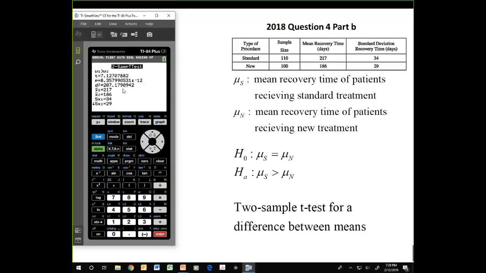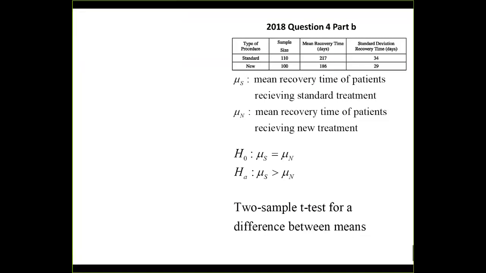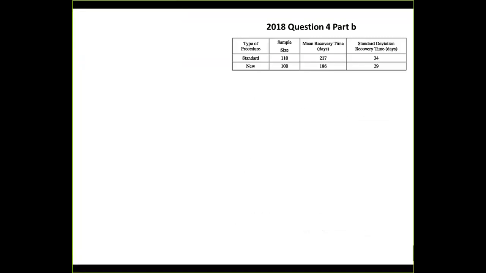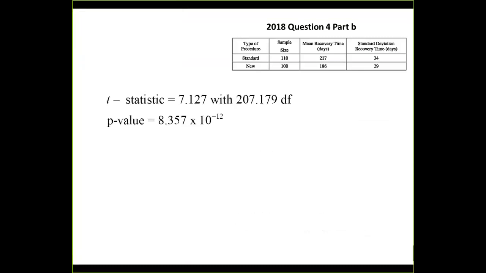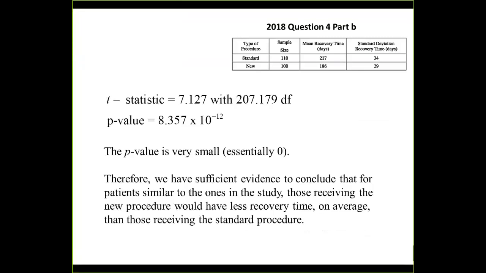And those are the main numbers that you need to report your answer for the AP exam. And so there's the t-statistic, there's the p-value. It's very small, so we have sufficient evidence to conclude. And again, notice that this conclusion is in context. That's what the readers on this AP exam are looking for.